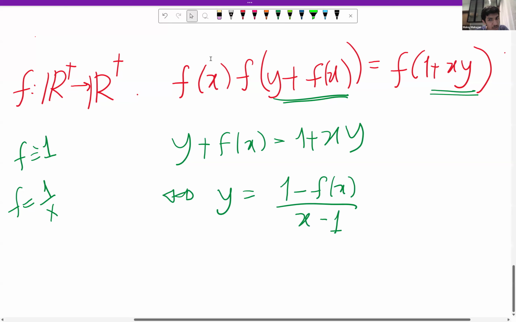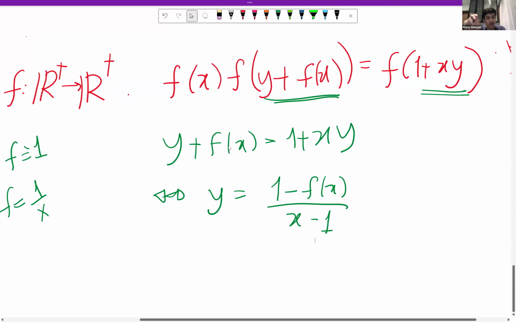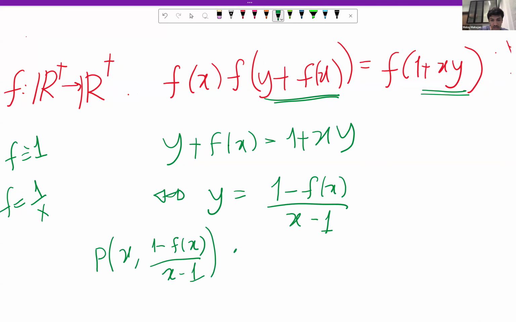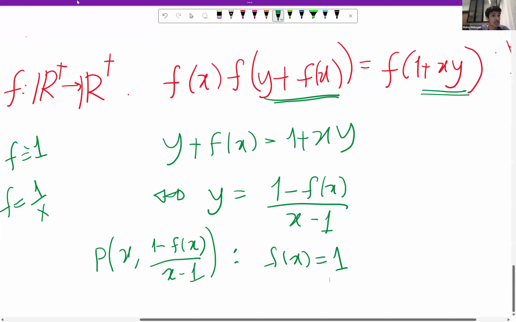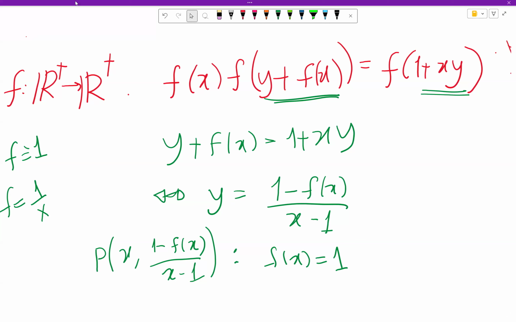If I'm able to put y as this thing, now consider P of x, y as this. Then what will I get? f(x) is... I think it should be f(x) minus 1.